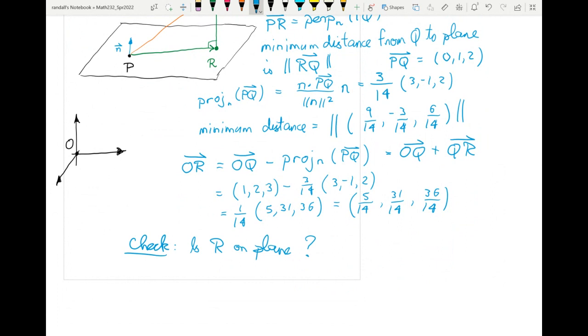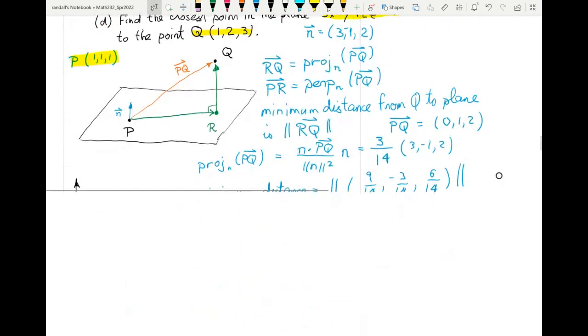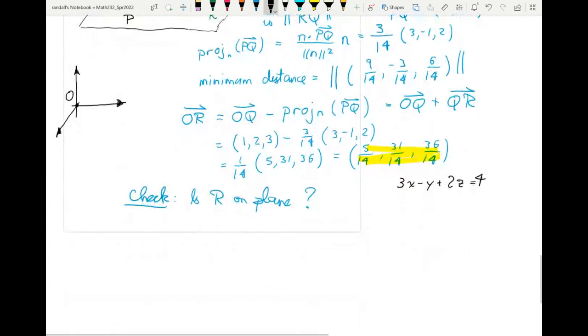So you just want to plug in these numbers into the equation of the plane, which I'll rewrite here in black: 3x minus y plus 2z equals 4. And you can check that indeed it is.